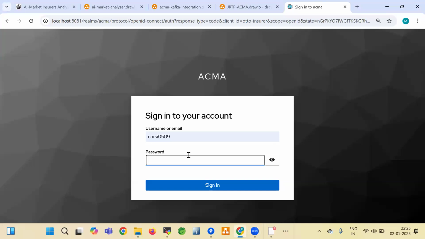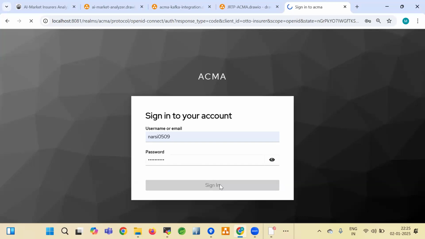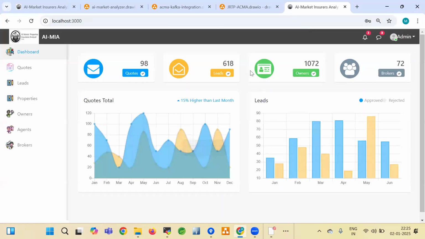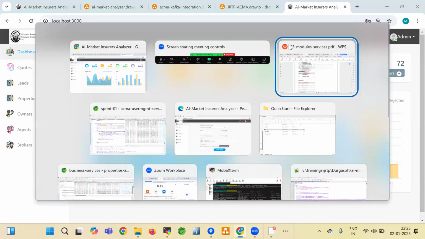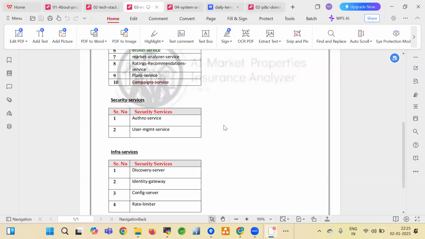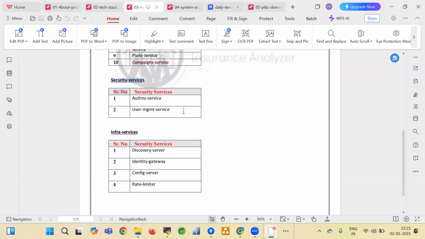Let's say I'm logging in now and signing in. As soon as I sign in, I'm back in our product as an admin. Who is taking care of this? The auth service. So these two are the security services. User management is for onboarding the users and provisioning them with a specific persona like agent, broker, owner, admin, or super admin.